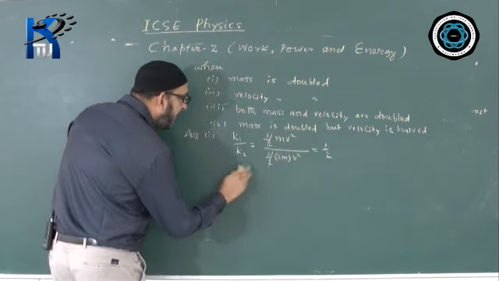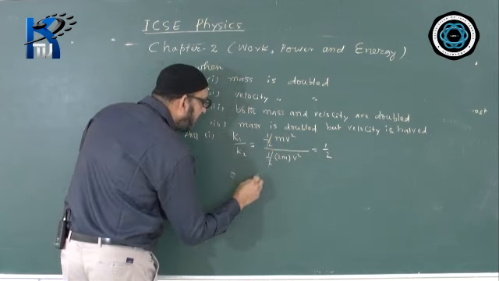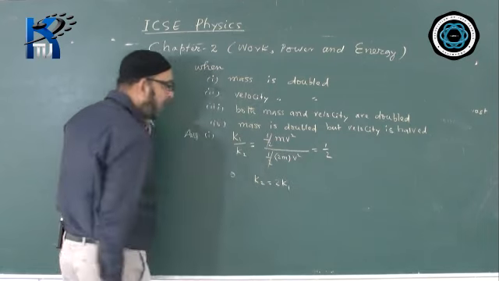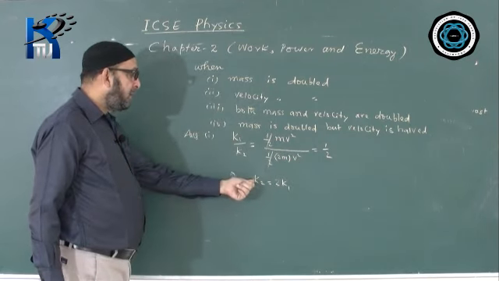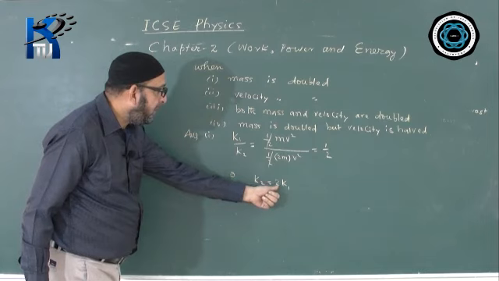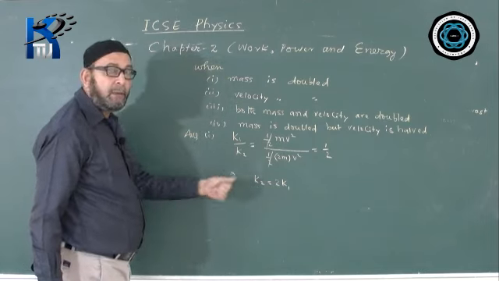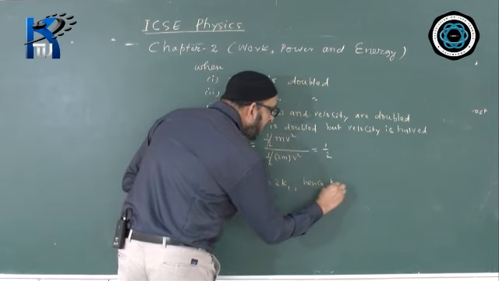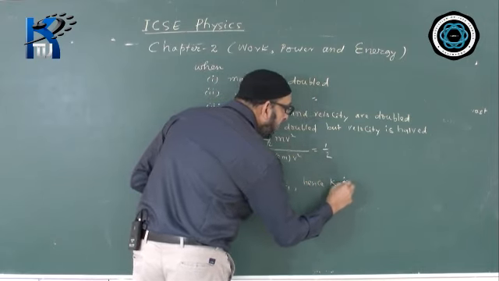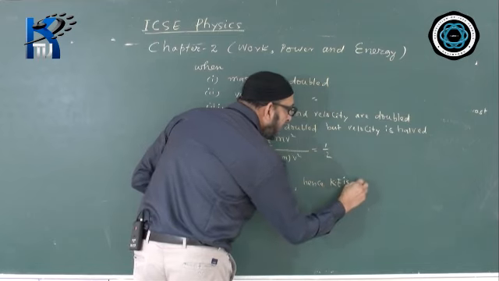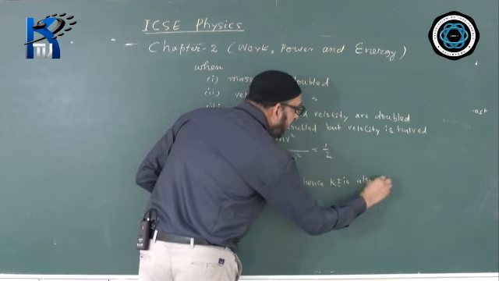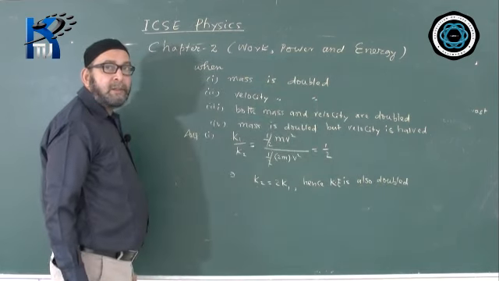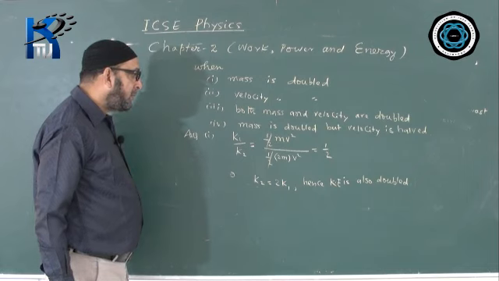Let us make K2 the subject. K2 is how many times K1? K2 is coming twice of K1. That means kinetic energy becomes twice the original, that means it gets doubled. Now we will write a comment: hence, when the mass of the body is doubled, the kinetic energy is also doubled.